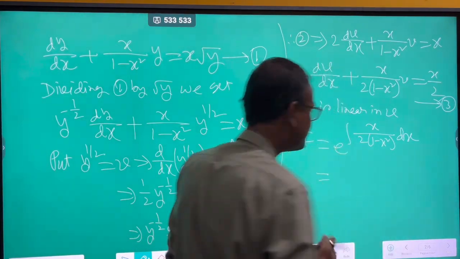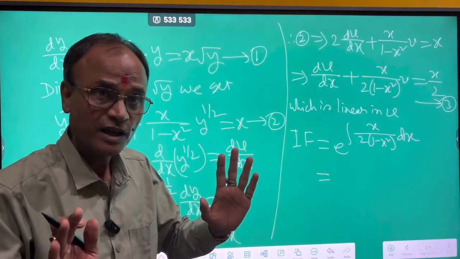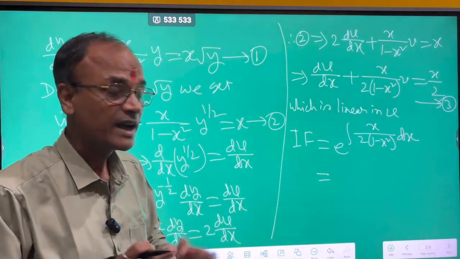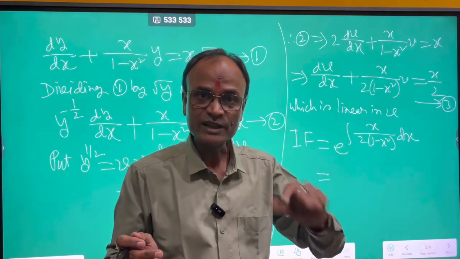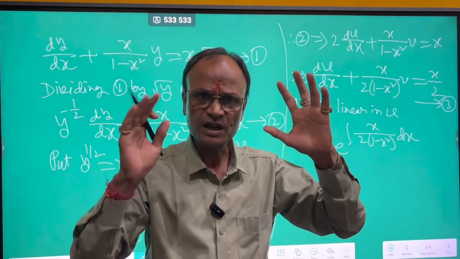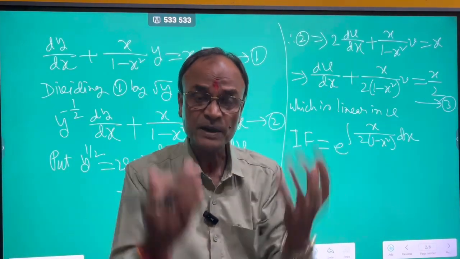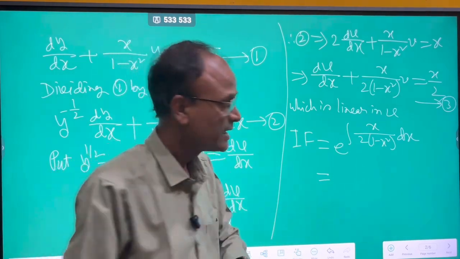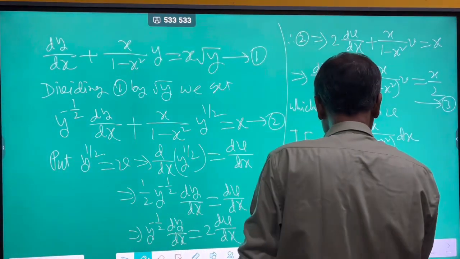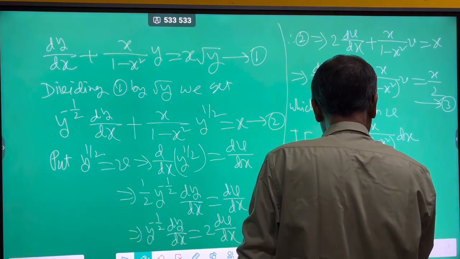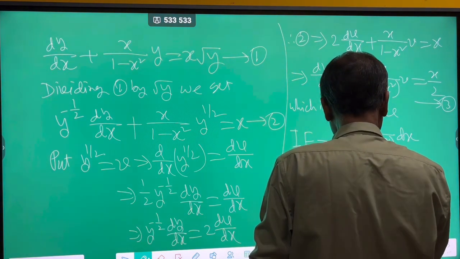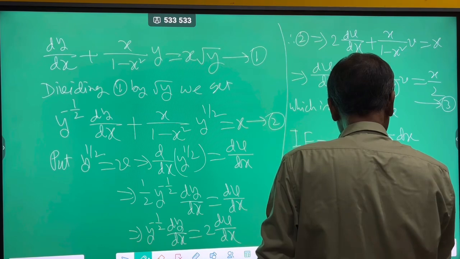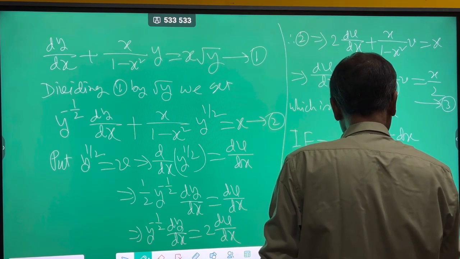Now, what is the integration of this? You see, numerator by denominator. If the numerator is the differentiation of the denominator, then the integration is log of the denominator. Now, you may write e to the power 1 by 4, minus 1 by 4, suppose, minus twice x over 1 minus x square. You may write like this.